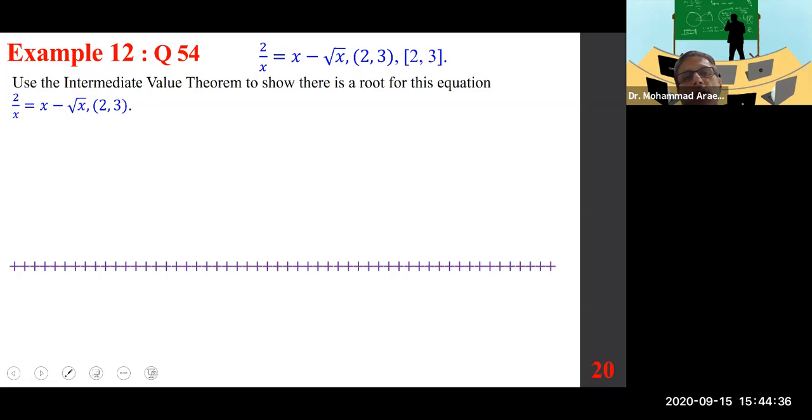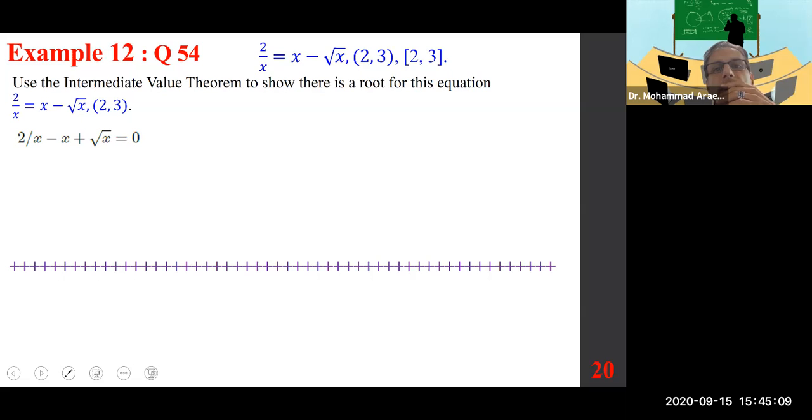Use the intermediate value theorem to show there is a root for this equation. Now, first and foremost, you've got to bring it to one side, and it doesn't matter which side. We're going to bring it to one side, and we're going to give it a name, f of x. So when we say use the intermediate value theorem to show there is a root, that means solve the equation. Is there a solution, in essence?